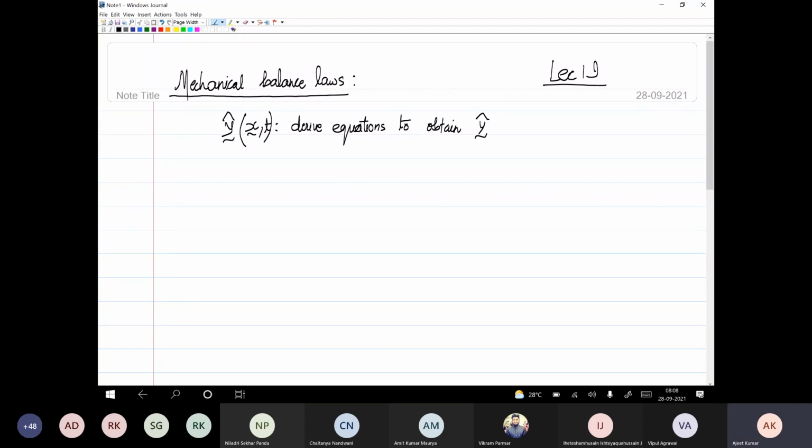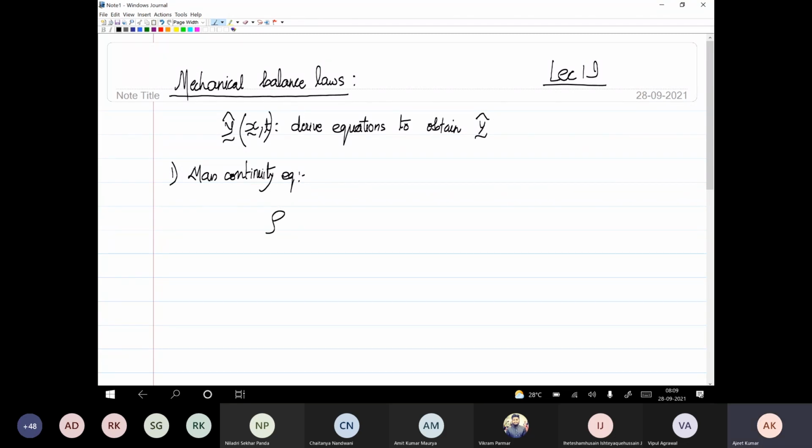And the first one we had already derived was the mass continuity equation. Right? And we saw two forms of it, isn't it? The one was the Eulerian form and the other one was the Lagrangian form. In the Eulerian form, it was a differential equation and it had the following form.